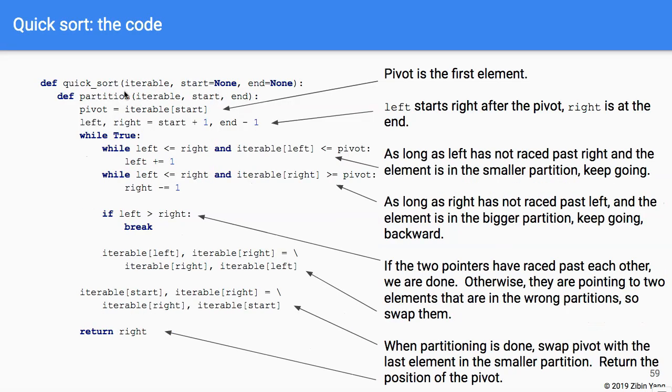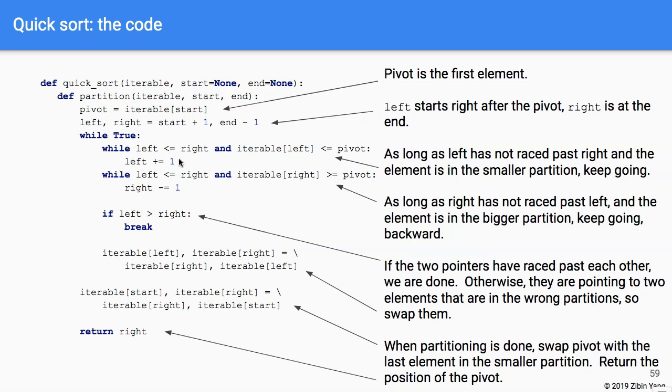Okay, so let's look into the details of the partition function, which is probably the most complicated part. The first thing we do is pick out the pivot, which is the first element in the input, and then we initialize the left pointer, which is one position to the right of the pivot, and the right pointer, which points to the last element of the input, and then we loop through this.